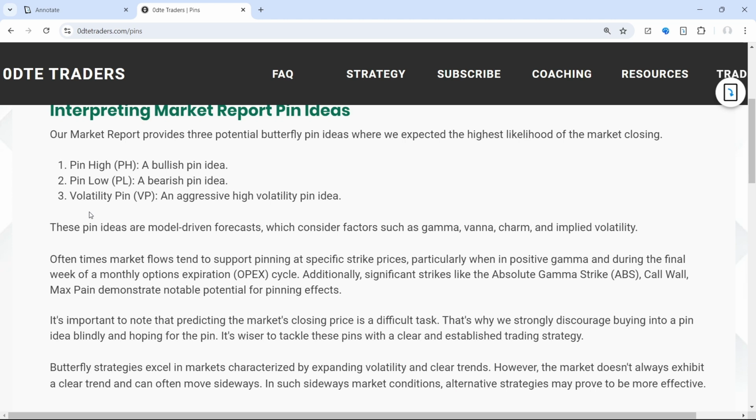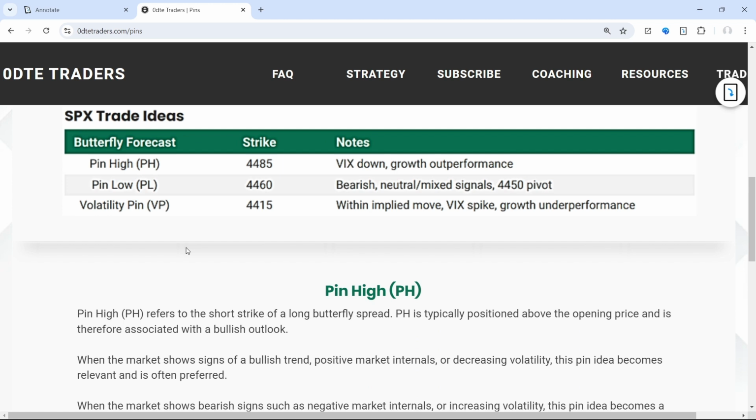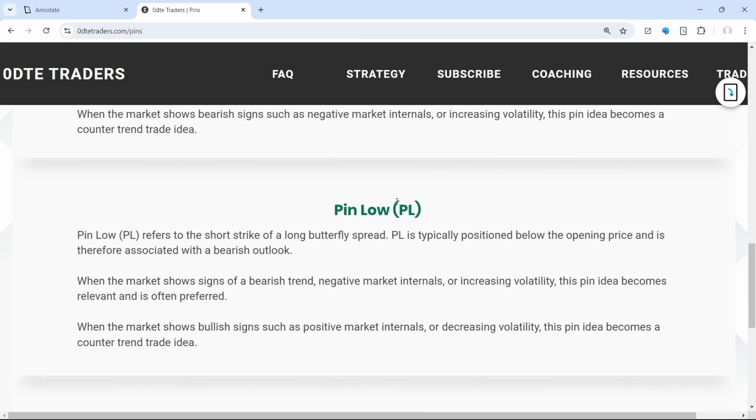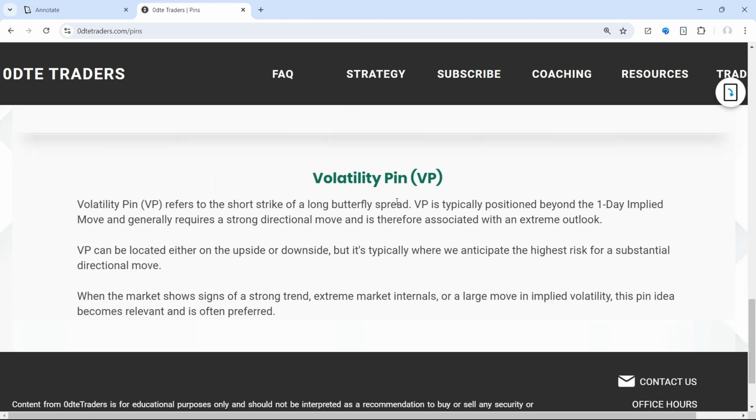For that to really be in play, you need to see some strong directional bias. If not, reaching that strike is generally low probability. So that is the 3 pins: pin high, pin low, and volatility pin.